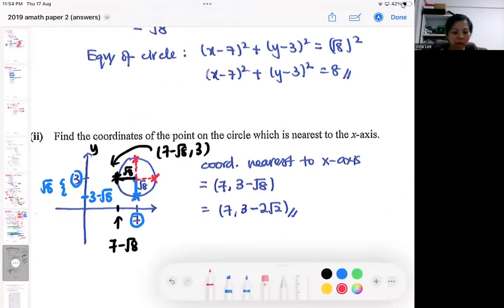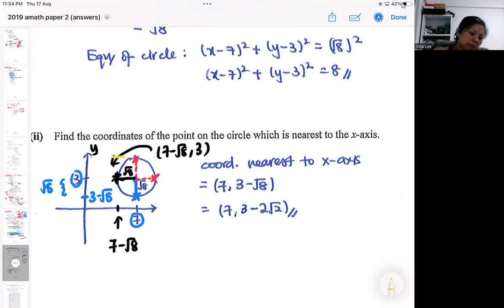Sometimes they will ask in terms of the equation of a tangent. Maybe they will ask for the equation of the tangent at the highest point. At the highest point, the tangent will be a horizontal line. At the lowest point, the tangent will also be a horizontal line. If they want a vertical tangent, then you'll be at the side of the circle.